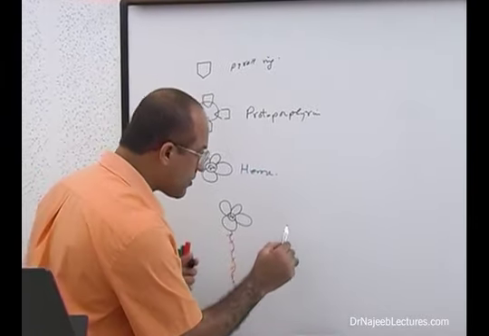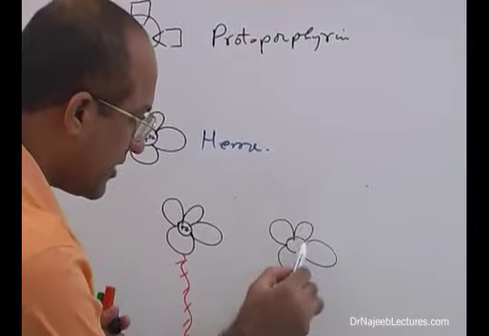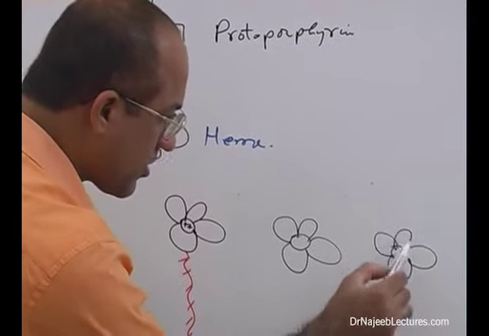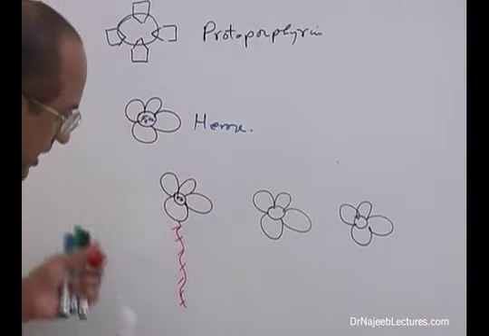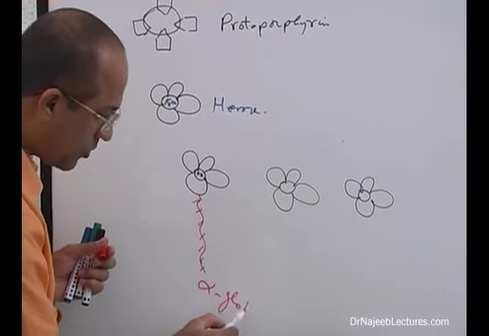Actually, there are different types of globin chains which can be synthesized. This was, suppose, the alpha globin chain.